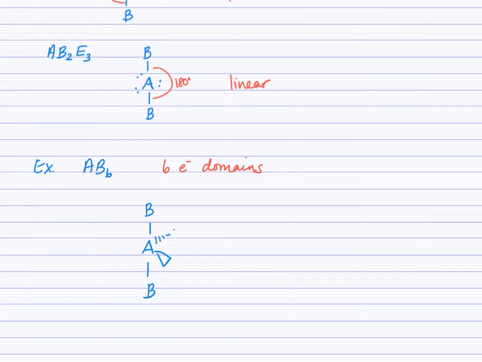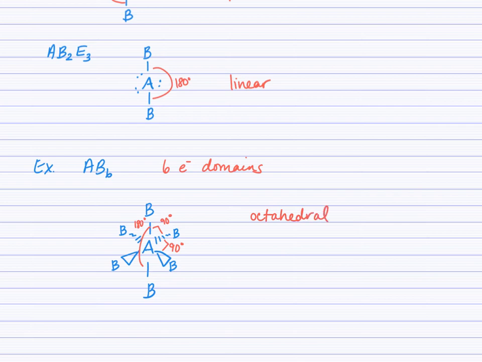So they set up kind of as a square running around the equator of the Earth, if you will. So in terms of bond angles, these here are actually 90 degrees, and we still see the 180 between the axial positions. From an axial to an equatorial position would also be 90 degrees. Okay, so the name of this shape is called octahedral.